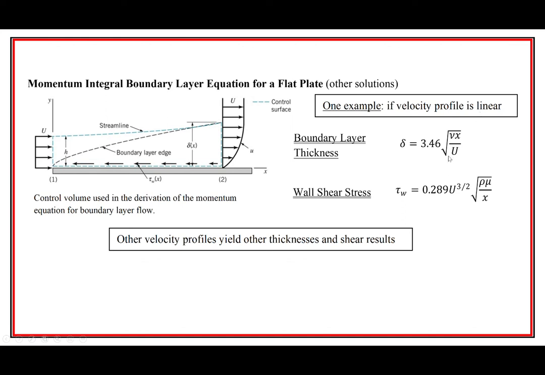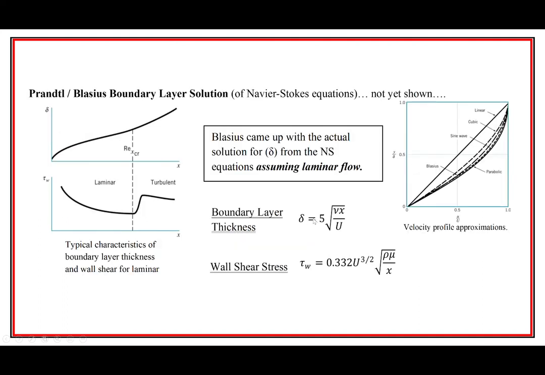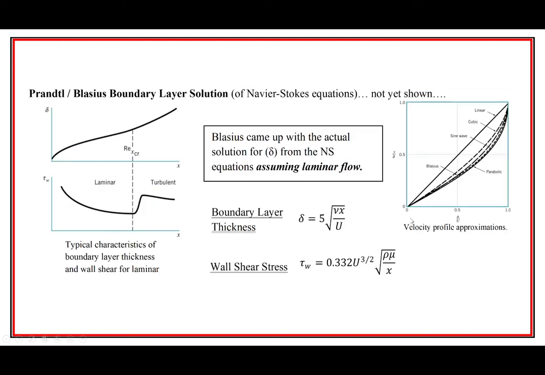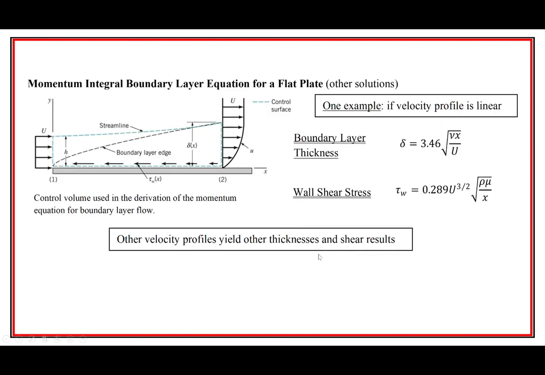For that one, we have a boundary layer thickness predicted to be 3.46 times the square root of vx over the velocity. You can just compare that to Blasius's. And for the wall shear, we have a coefficient out in front of 0.289 with the velocity to the 3/2. You can see that we had 0.332 for Blasius.